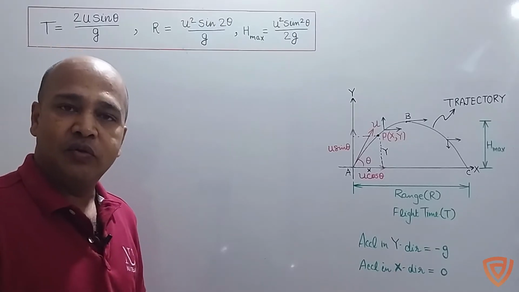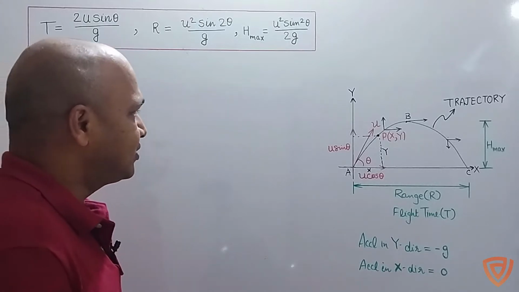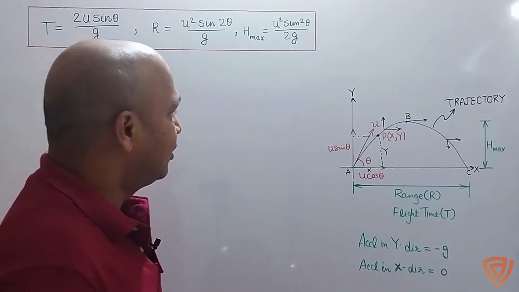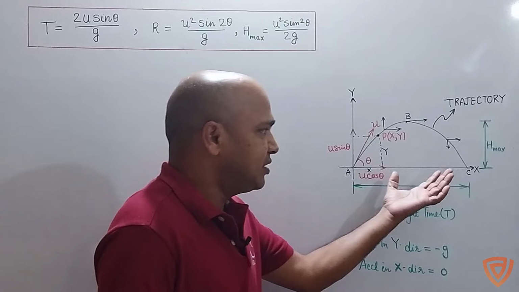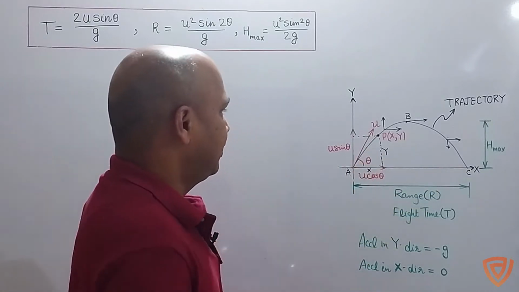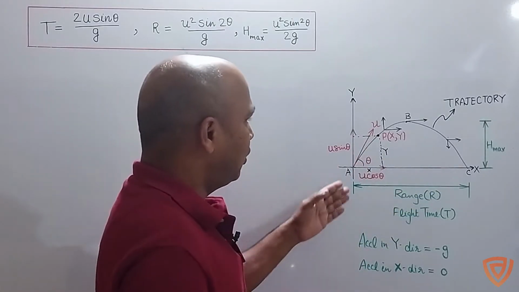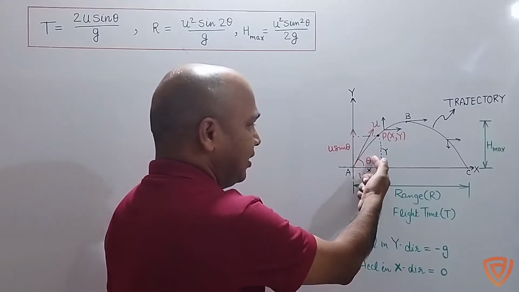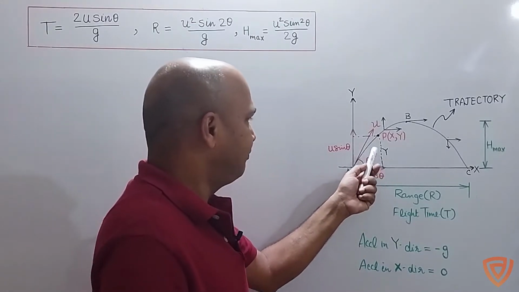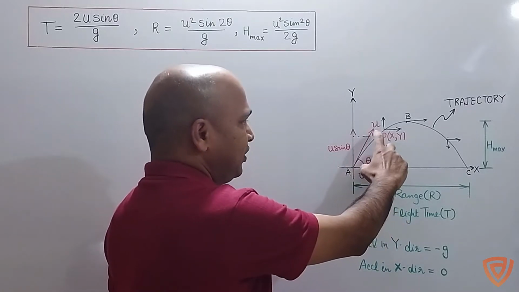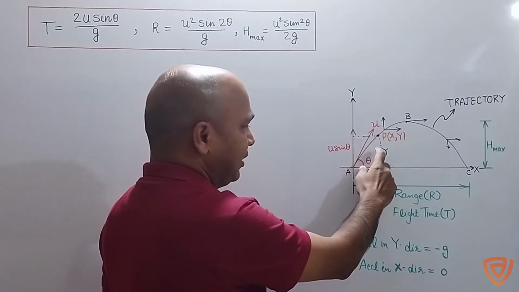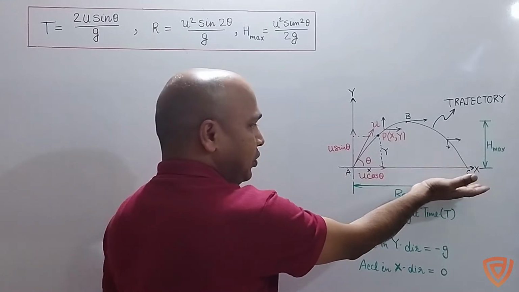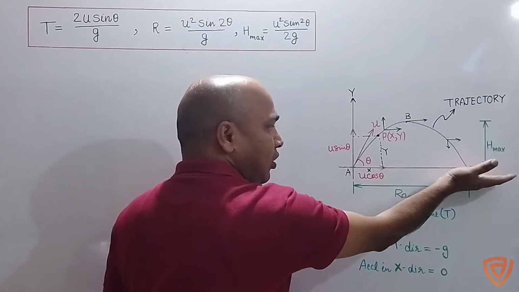The first thing I want to explain is why it is called projectile motion. You can see this picture here. I have thrown a ball. If you throw a ball at an angle theta, the ball is thrown with velocity u at an angle theta with the horizontal plane. This is the horizontal plane along the x-axis.